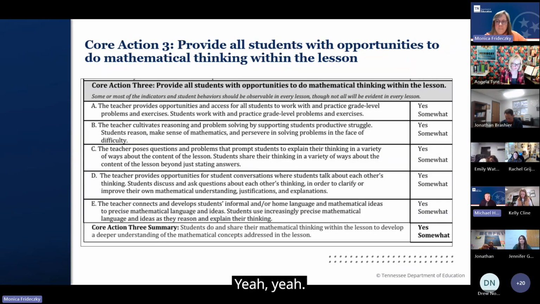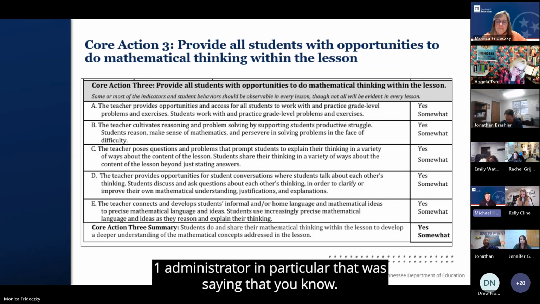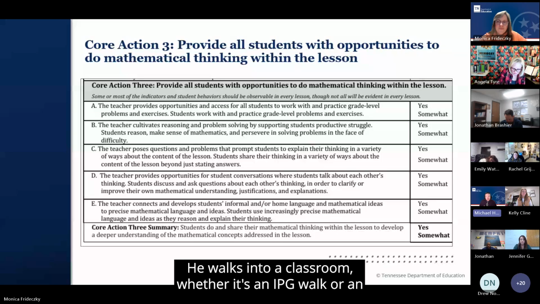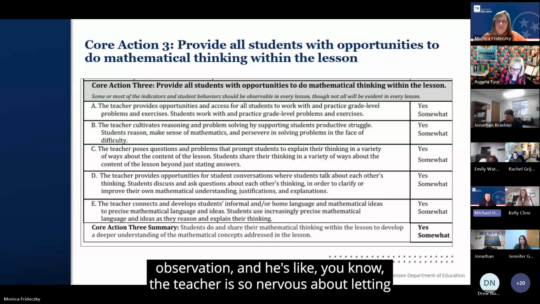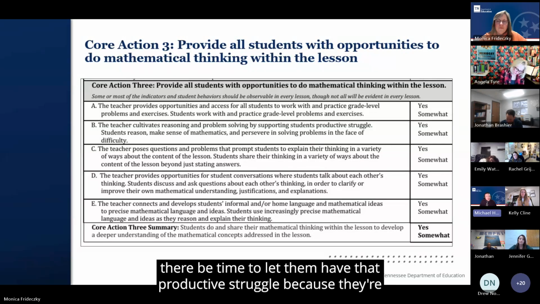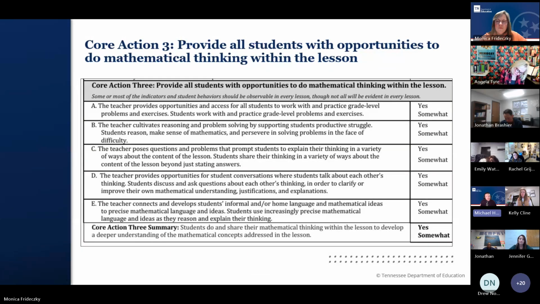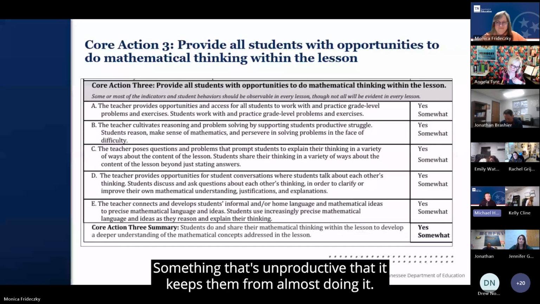There was one administrator in particular who said that he walks into a classroom, whether it's an IPG walk or an observation, and the teacher is so nervous about letting there be time to have that productive struggle because they're afraid it just turns into something unproductive, that it keeps them from almost doing it.